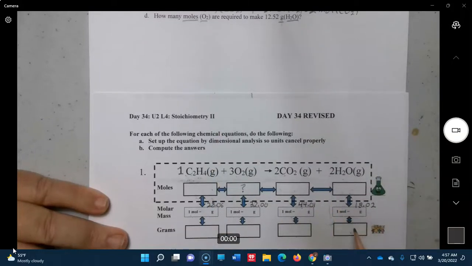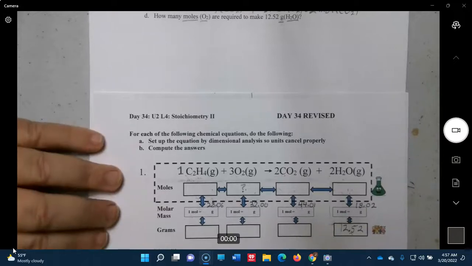So down here, excuse me, down here 12.52. 12.52 grams H2O. So path from what you know to what you don't know, here to here, so it's up and to the left. So your first conversion is going to be the molar mass conversion for water.